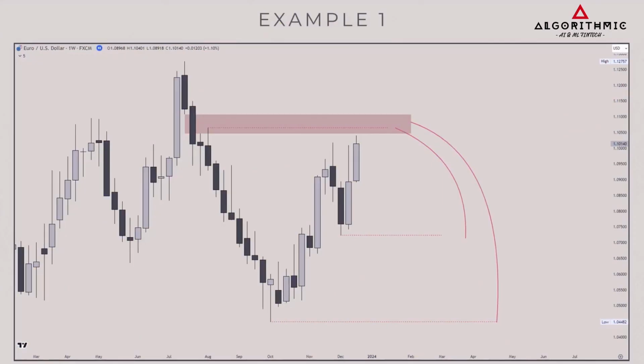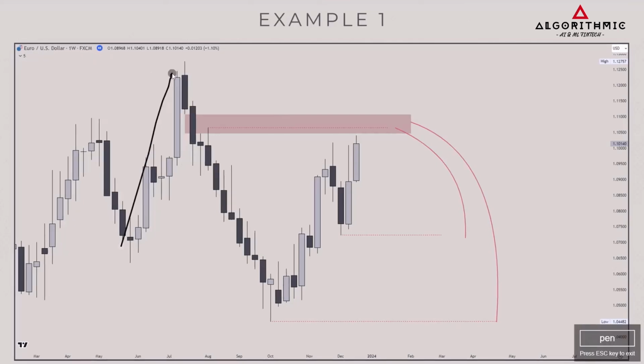For example one, for weekly, let's go to the weekly time frame, Euro US dollar, and we have a chart, right? So looking at this is the weekly. We can see that price is going up, then coming lower, and we have a very clear high and a low.